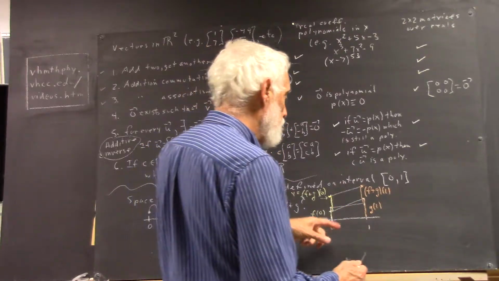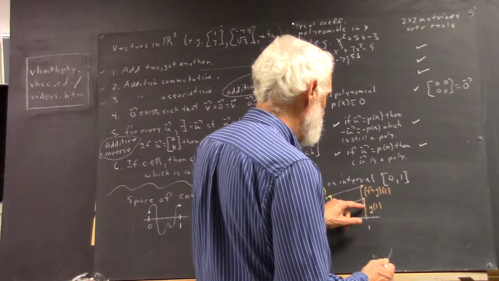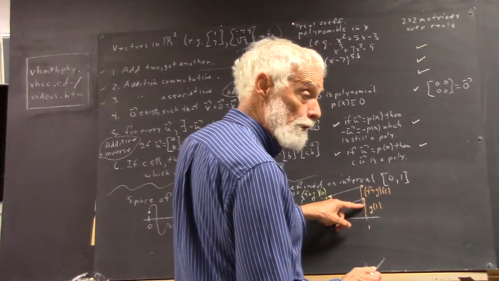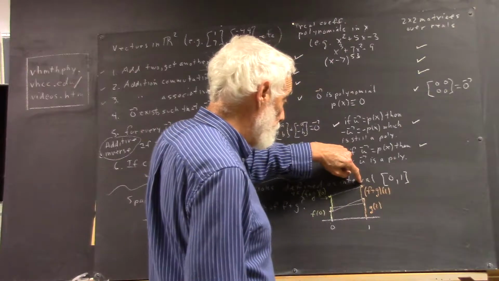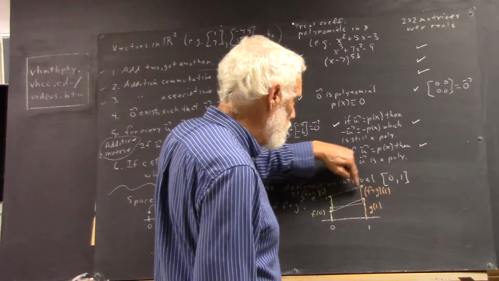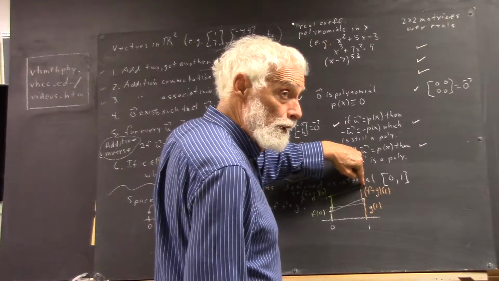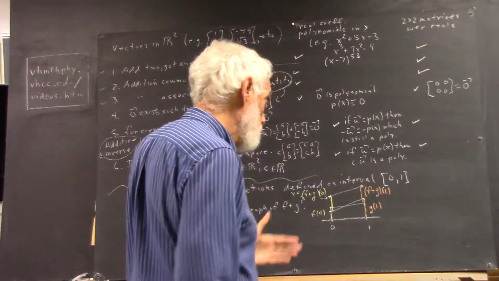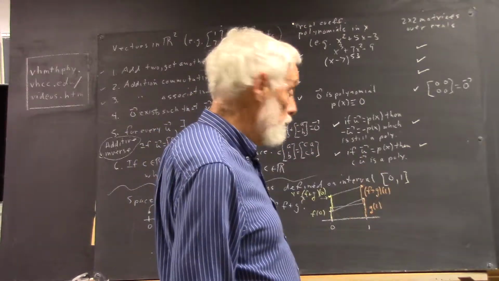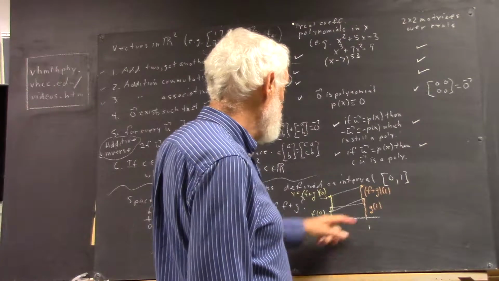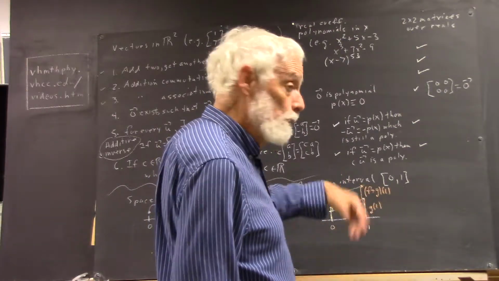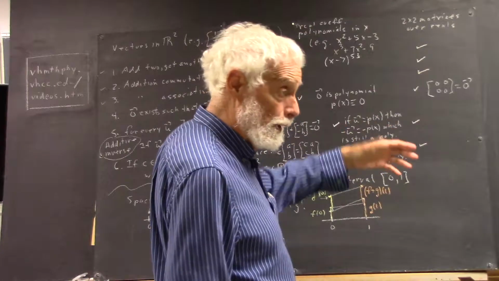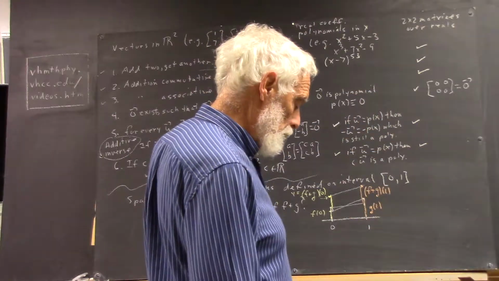Now I add this to f of 1, which would be represented by the y value at this point, and I get this y value here. So now I have this point and this point that lie in the graph, and if these are straight line graphs, I'm pretty much done. I've just got to connect these two. So I've raised the g function by values equal to the f function, or we could say I've raised the f function by the values of the g function.